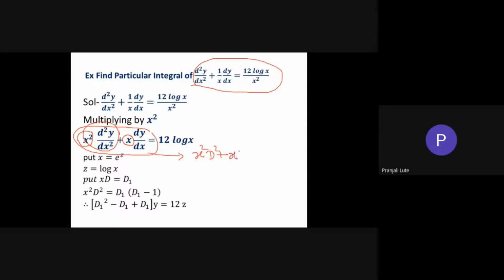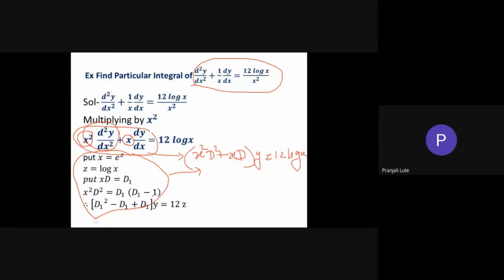So we have to use all these substitutions in this differential equation. So x square D square is D1 into D1, D1 square minus D1. So we write x square D square as D1 square minus D1 plus x into D is D1.